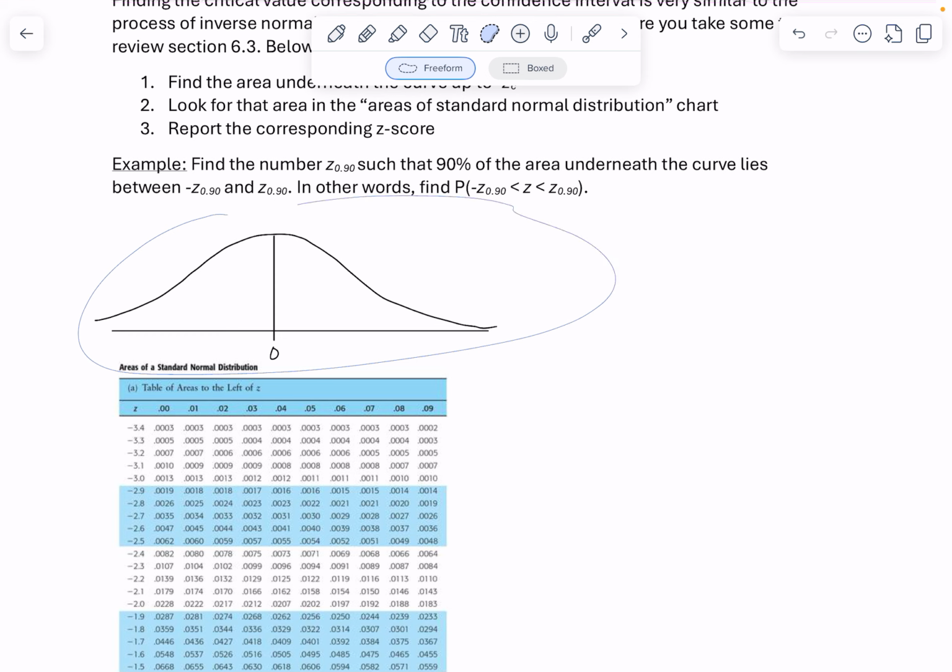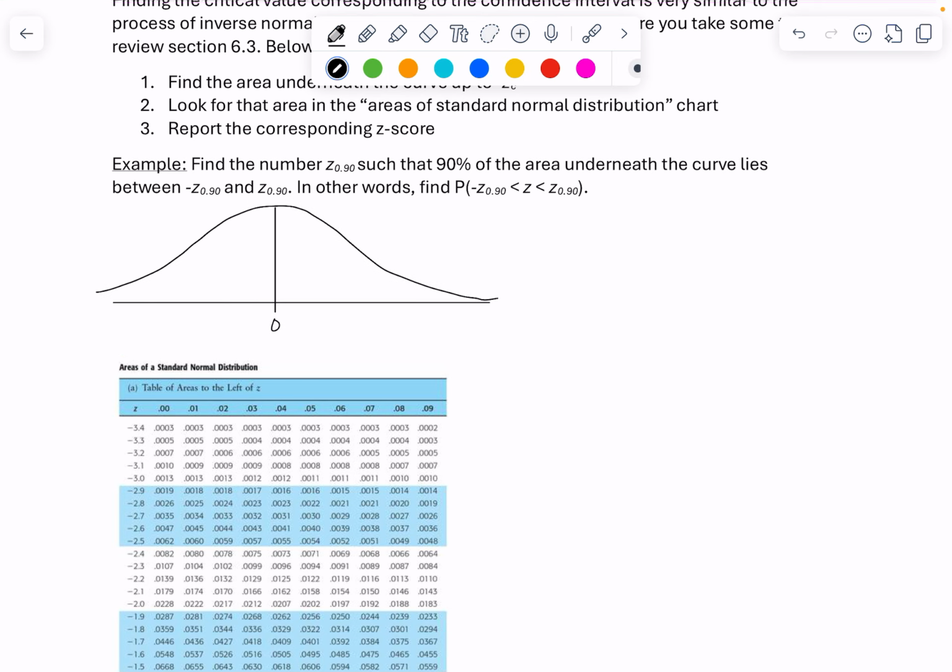We're looking for a 90% confidence interval between negative z sub 90 and positive z sub 90, so I'm going to label that on our graph here. And here we're finding the probability in between these two boundaries.